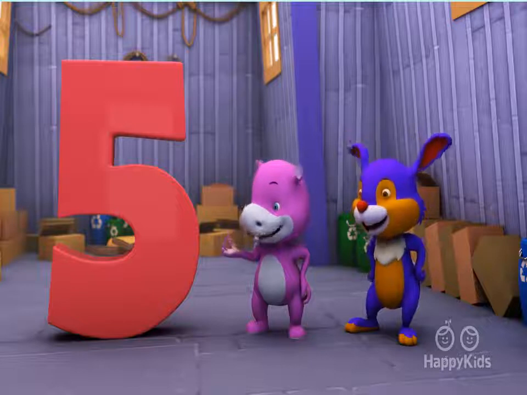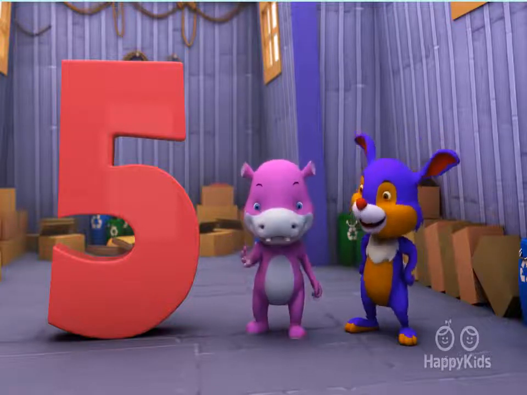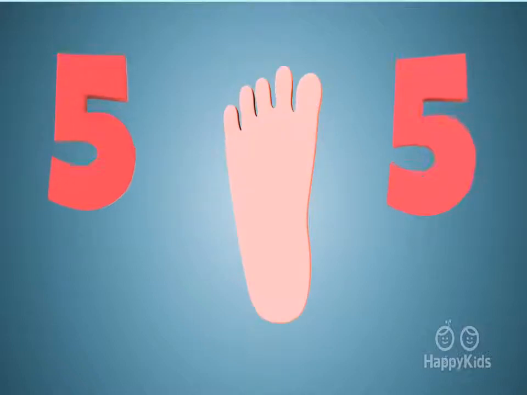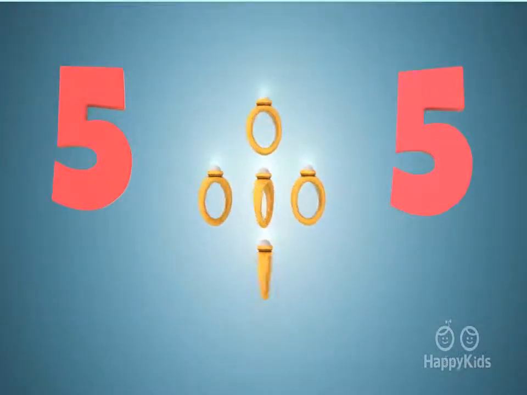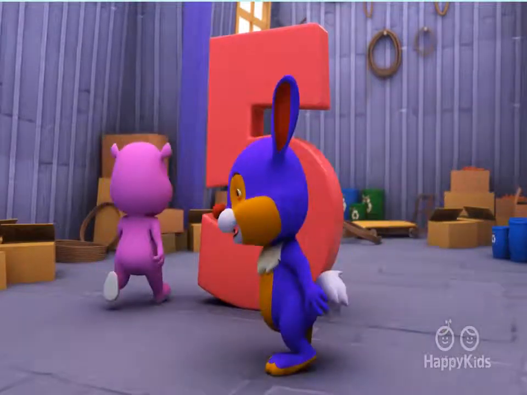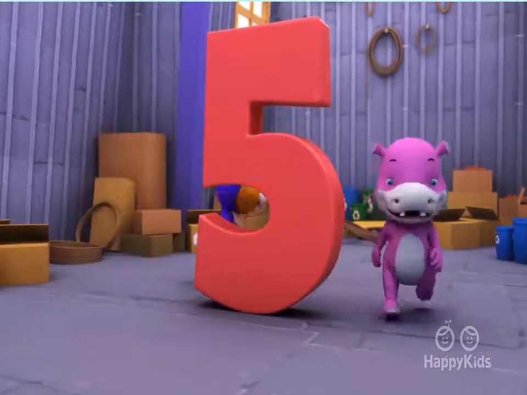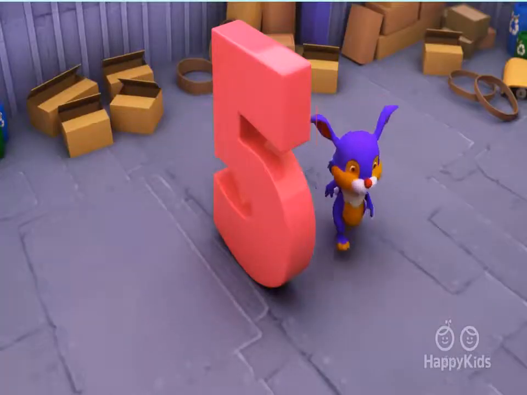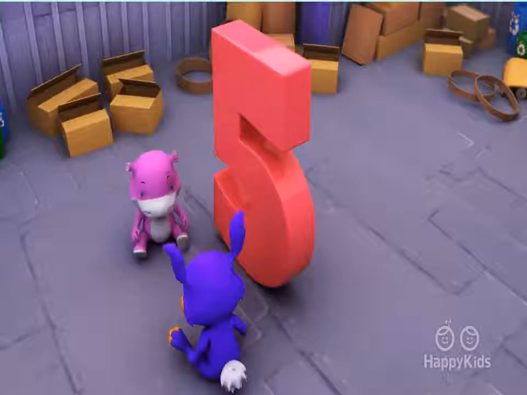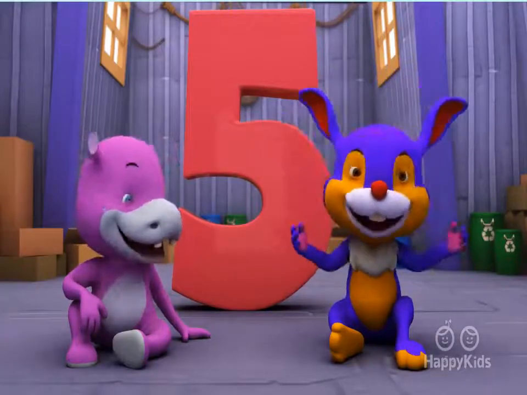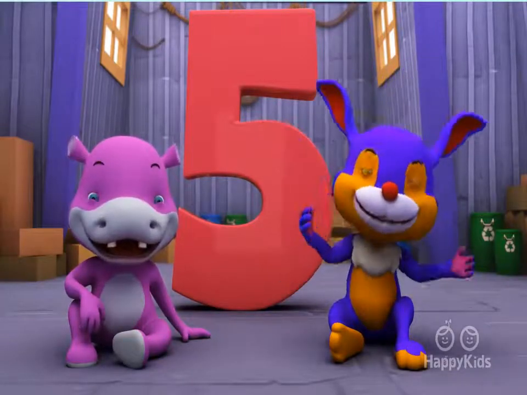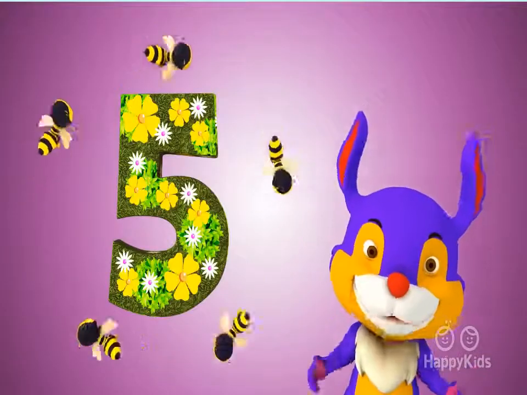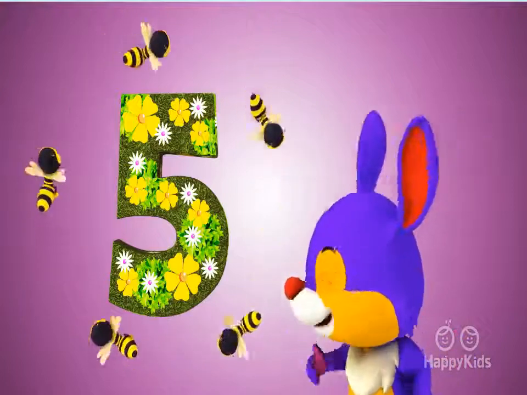After 4 comes 5, 5, 5, the number 5, 5, 5, 5 fingers, 5 toes, 5, 5, 5 golden rings, 5, 5. After 4 comes 5, 5, 5, the number 5, 5, 5, 5 monkeys swinging, 5, 5, 5 bees a buzzing, 5, 5.